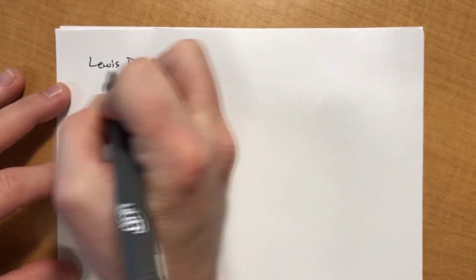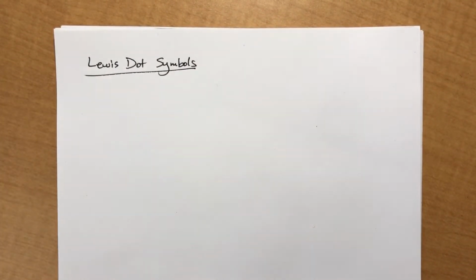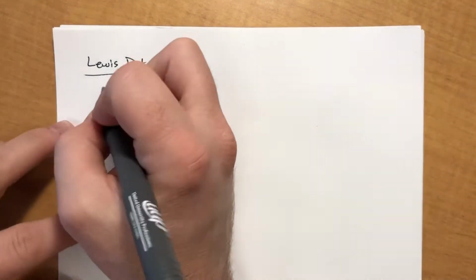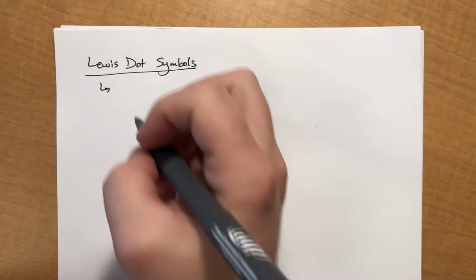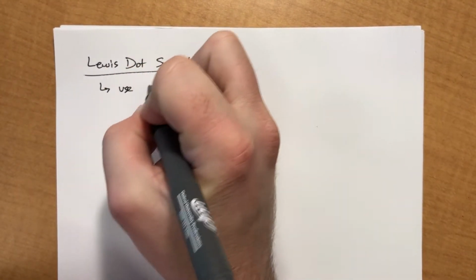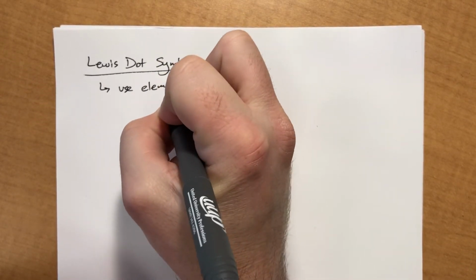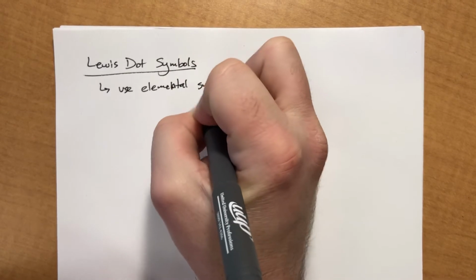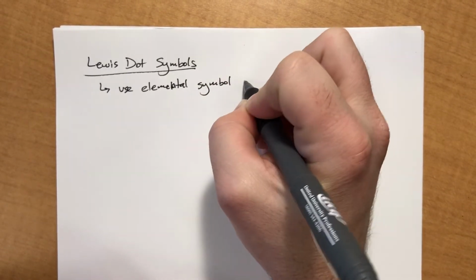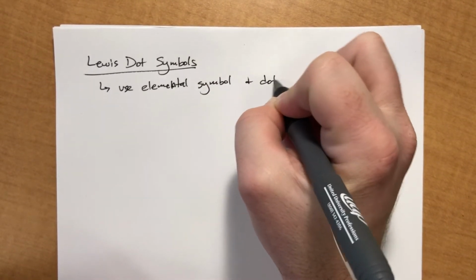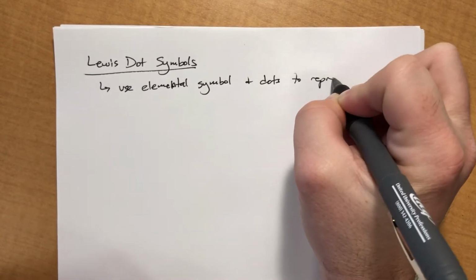Most of the stuff that this guy has done is pretty genius. I could have come up with this. It's not that hard. Okay, so essentially what we do is we use the elemental symbol, sorry, couldn't write for a second, elemental symbol and dots to represent the octet rule.